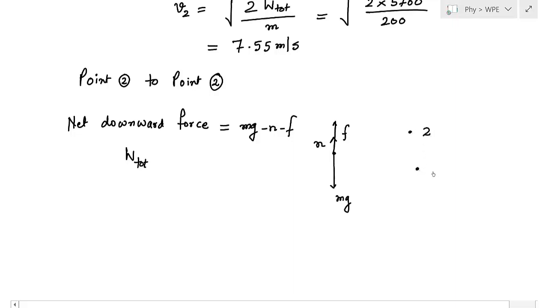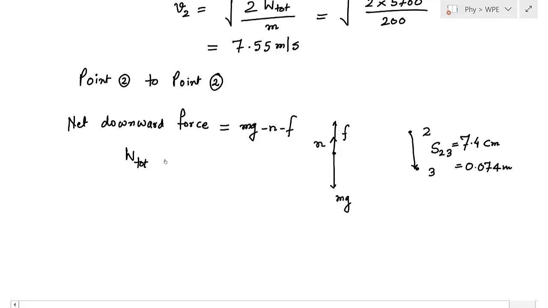So this is point 2 and this is point 3, and the hammer is moving from point 2 to point 3. This distance is given, that is S23, the distance traveled from point 2 to point 3, which is 7.4 centimeter. That is given in the problem. So that is 0.074 meter. So now I know the distance.